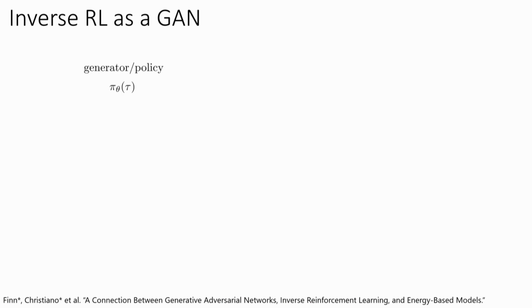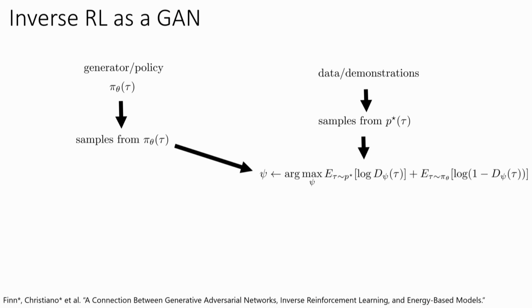So the way that inverse RL interpreted as a generative adversarial network works is that you have your generator, which is your policy, pi theta of tau, and you get samples from that. You have your data or your demonstrations, and you get samples from that. You train your discriminator with a maximum likelihood objective, maximize the log probability of assigning a true label to data and a false label to samples, where the discriminator has that special representation as a ratio of exponential R terms divided by exponential R plus the product of policy probabilities.